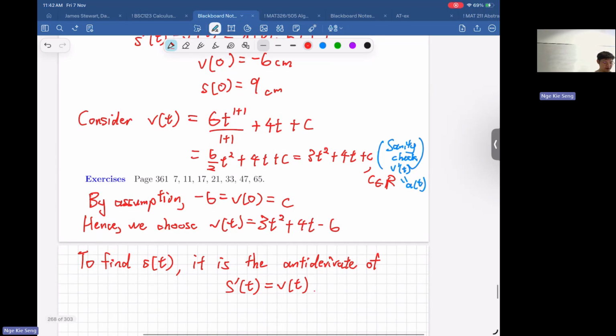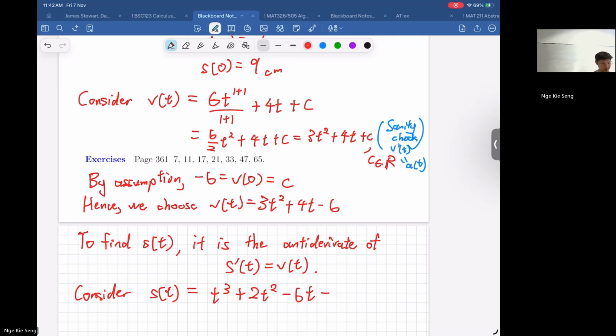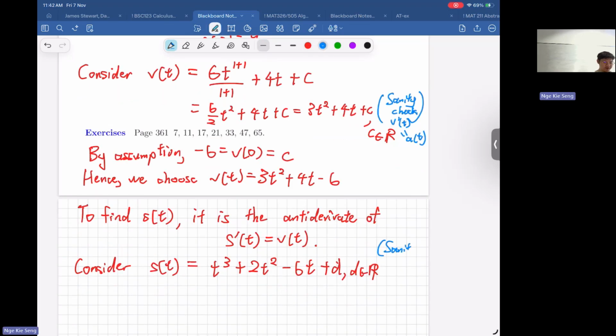Okay, so you need to do the same game. So consider S(t) to be, let's do it quick, t cubed plus 2t squared minus 6t plus D, let's call it another variable here. Okay, so we need to do a sanity check here. For this sanity check, you can check in your exam. I think last time only a few of you checked the inverse function.